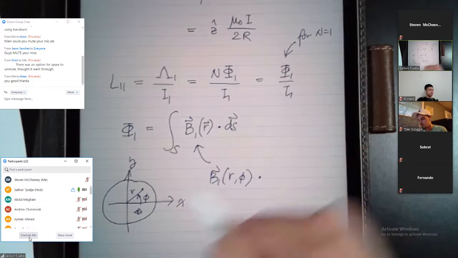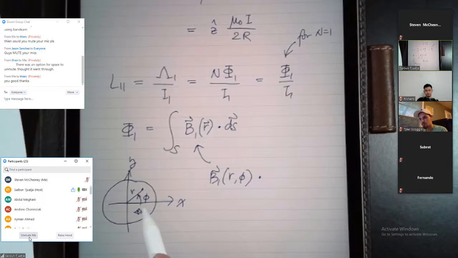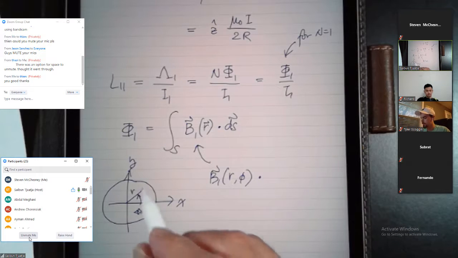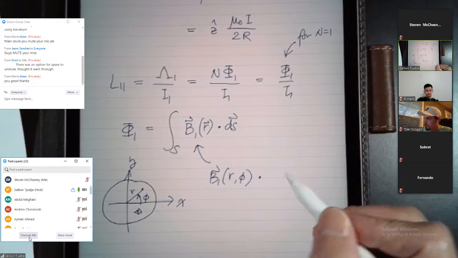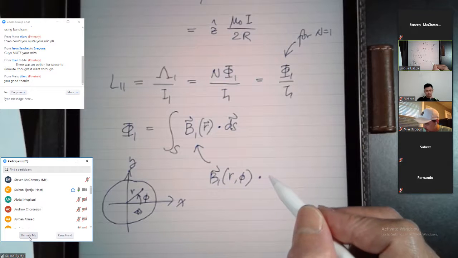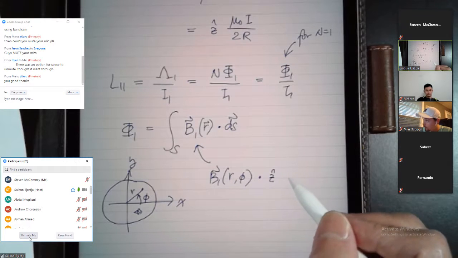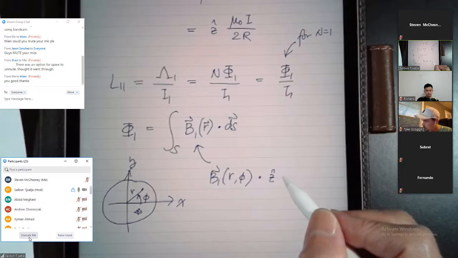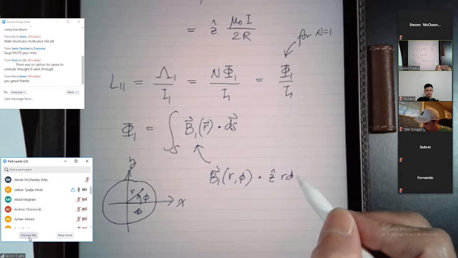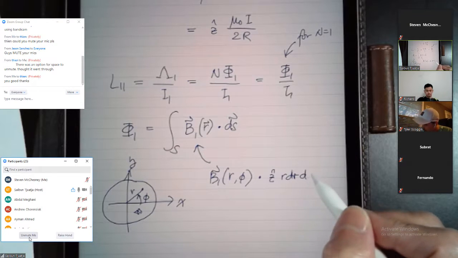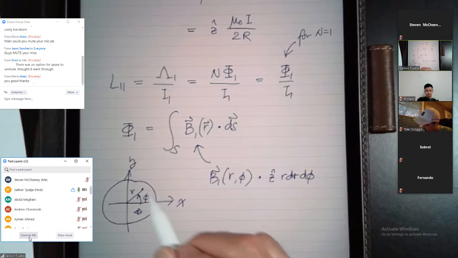So what is dS in this case? The dS for the cylindrical coordinate system for this kind of surface: the surface normal is z hat, and then you have r dr d phi. The differential element, if I blow it up here, looks like this.